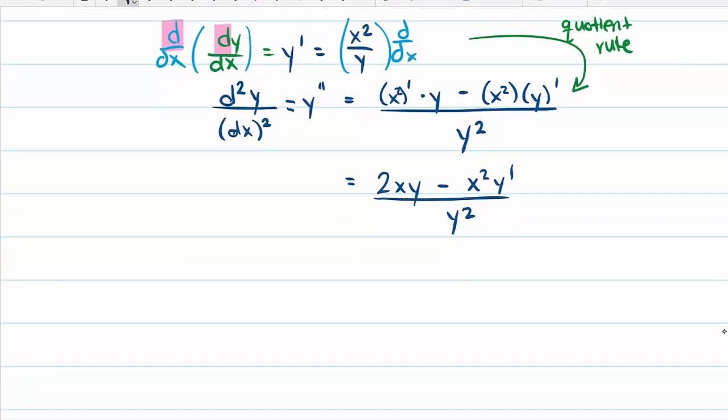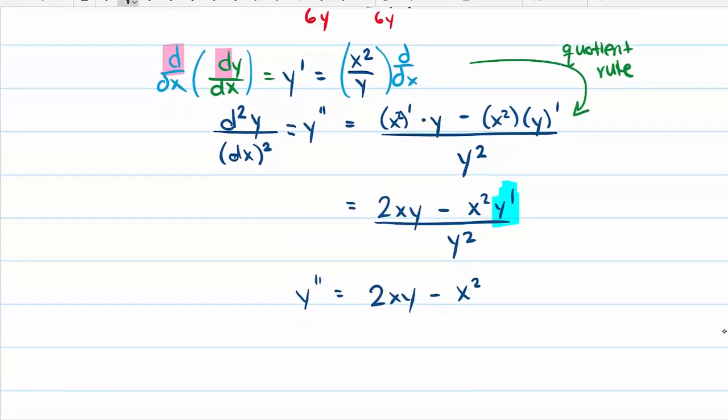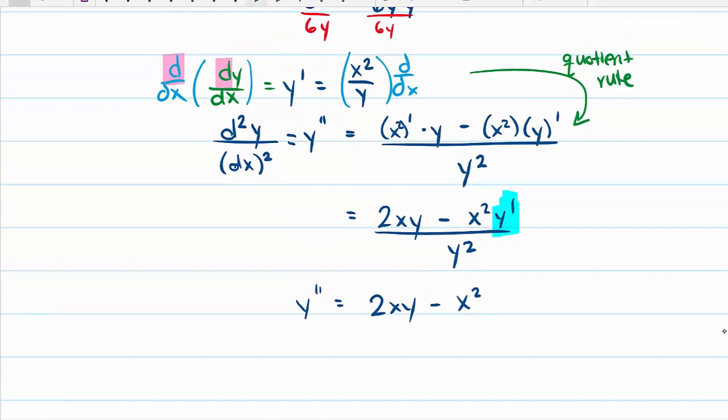Now the only problem is we have a y prime left in here, so we have to get rid of that y prime. We get y double prime is equal to 2xy minus x squared times y prime, and recall that y prime is this whole thing, x squared divided by y, all divided by y squared.